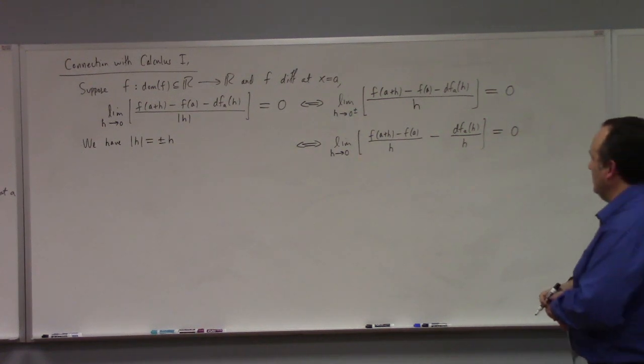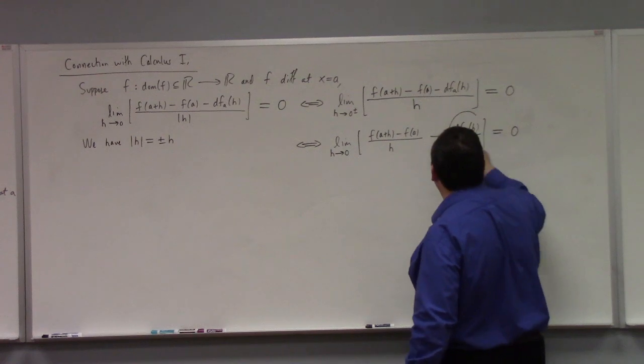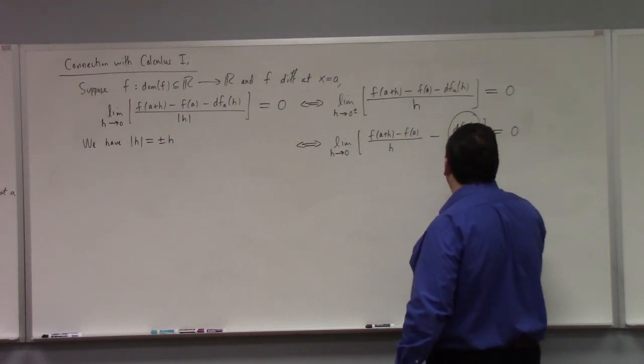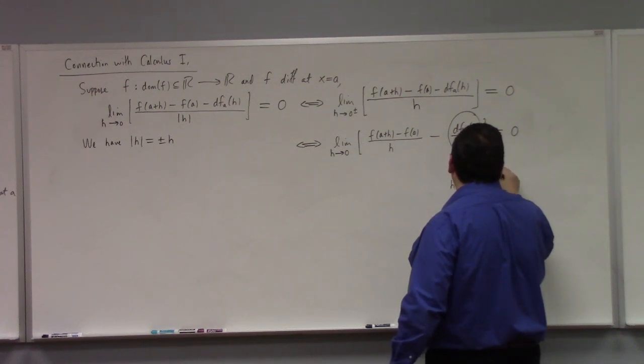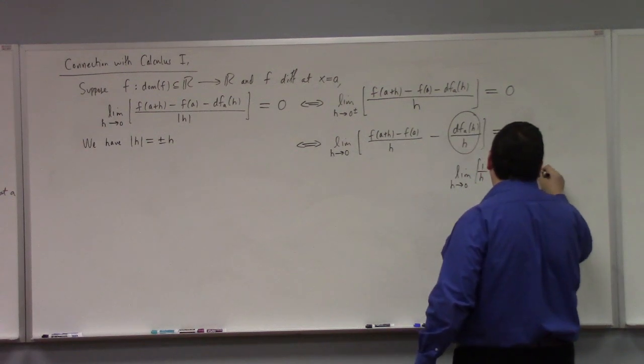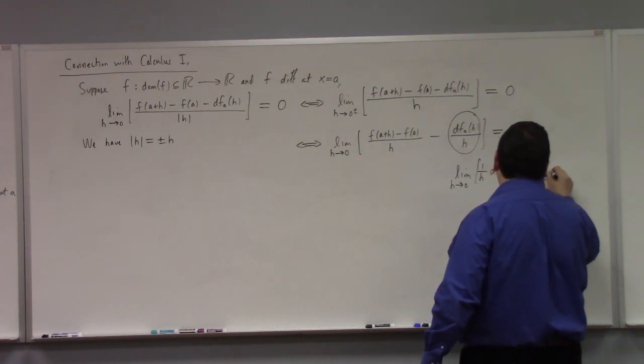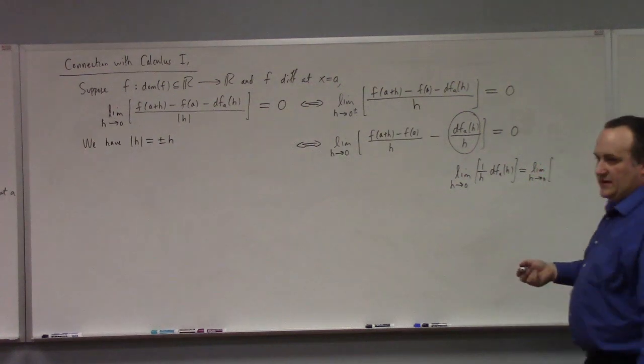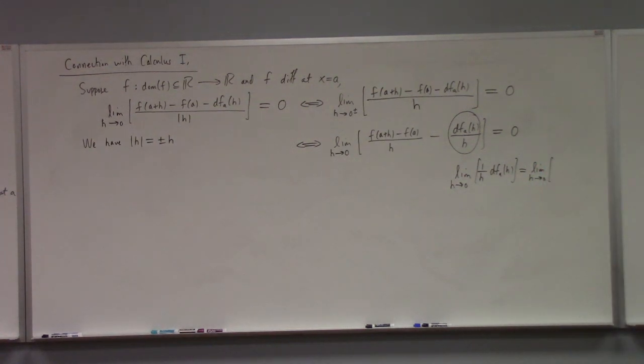But if we just focus on this piece right here, notice that the limit as h goes to 0 of 1 over h times df_a(h), what can we do there? What are we given? Well, we're given that the differential is linear, right? So I can pull the 1 over h inside.